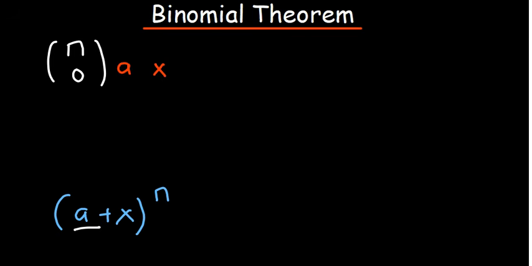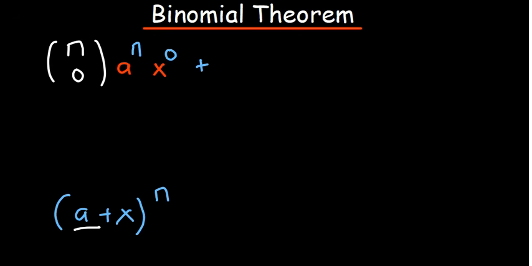Now their powers are dependent on the values in the brackets. What I mean by that is, in this case, your a is going to be to the power of the difference between n and 0, which is n minus 0, which is just n. For x, it will be x to the power 0.